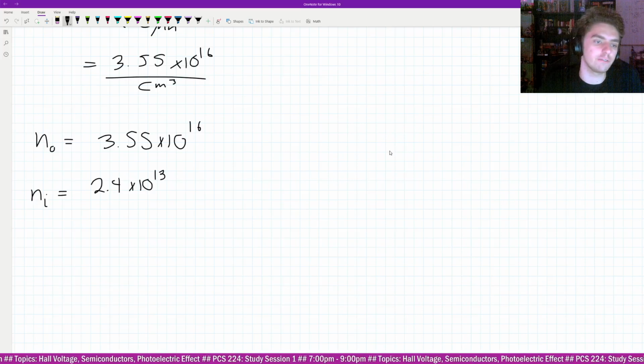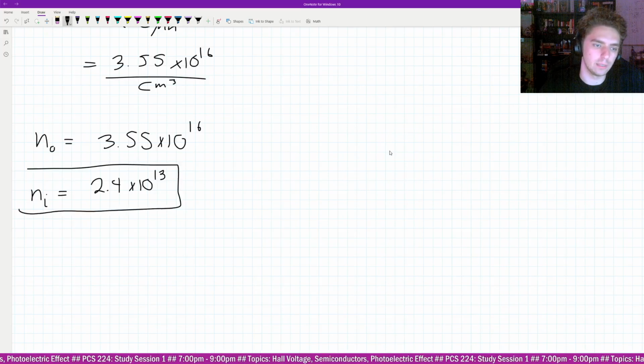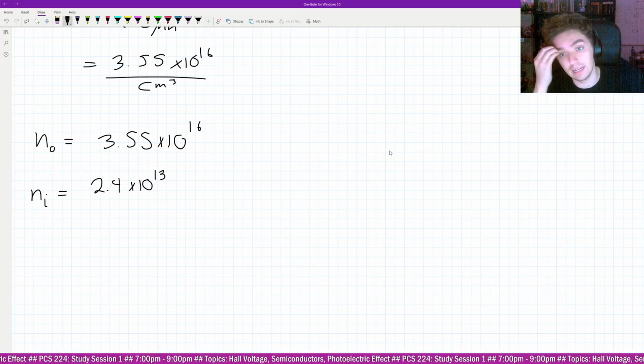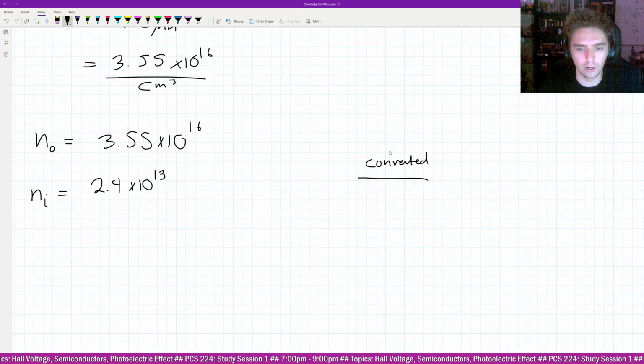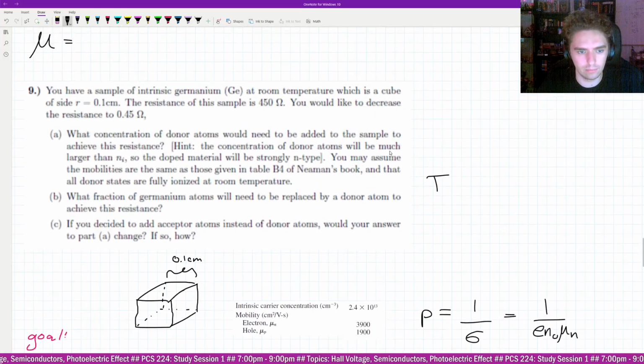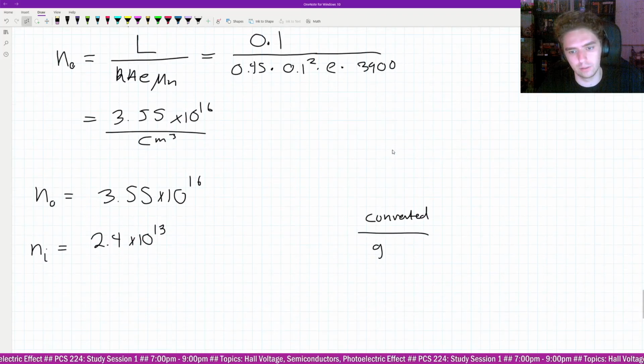To figure out the fraction of the original amount that needs to be converted, you want the fraction converted per germanium.